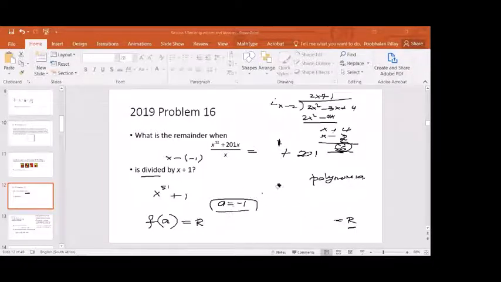Okay, so when I'm dividing by this, the a value is negative 1. So to get the remainder, all I have to do is to substitute a equals negative 1 into this function.